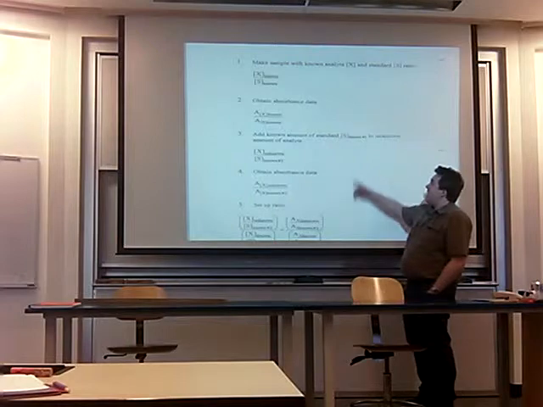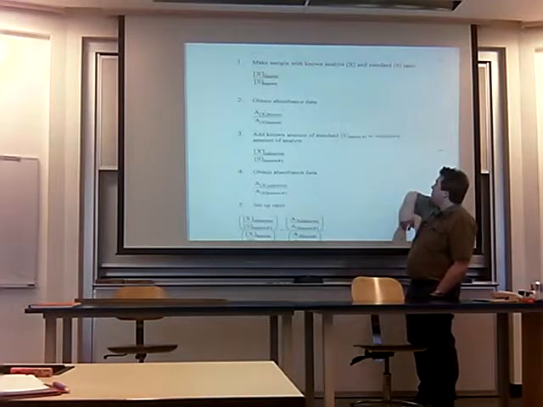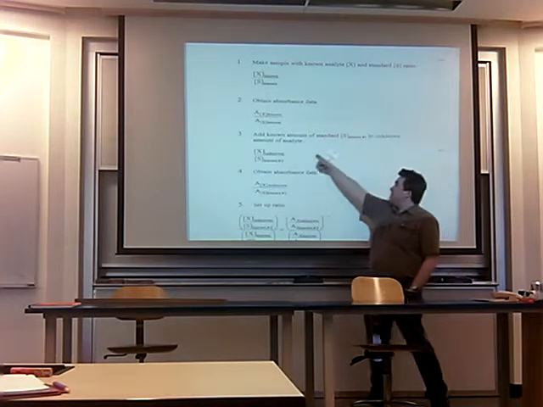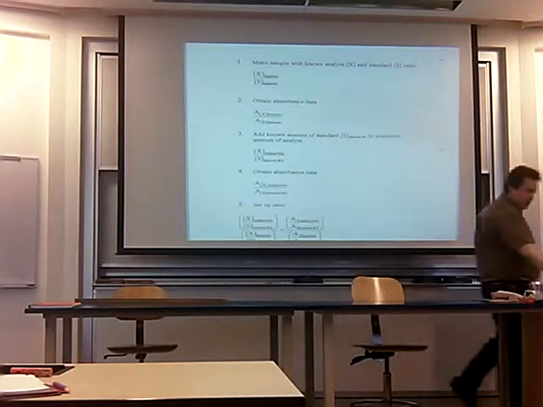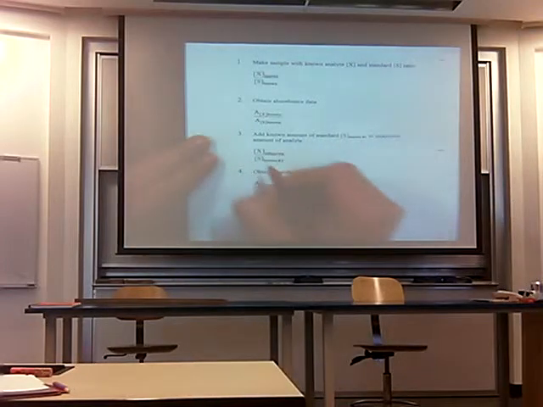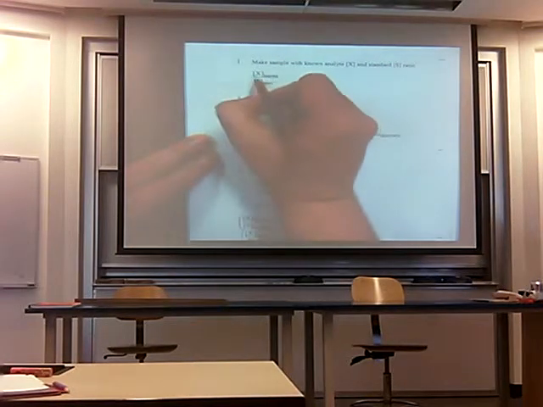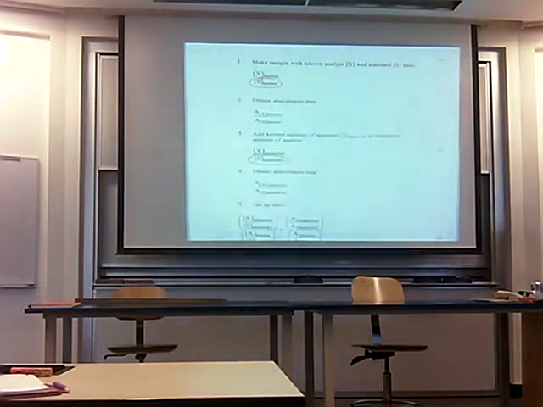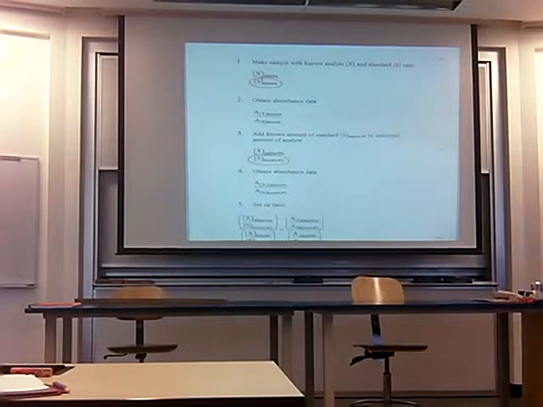You can then add a known amount of standard to an unknown amount of analyte. The two known concentrations of the standard could be the same, which makes the math a little easier, or they could be different. What's important is you know what they each are.